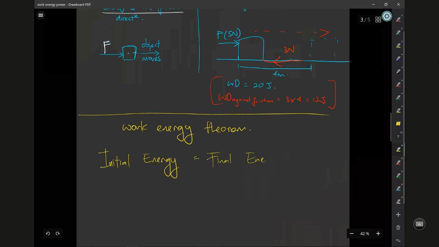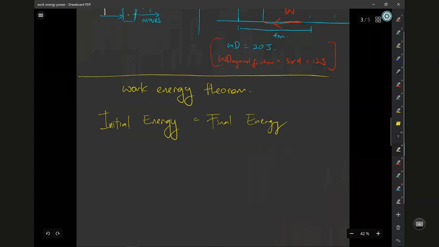So far in this chapter you have learned 3 things. The first one is our KE, the second one is our GP, and the last one is our work done, maybe on the box or whatever.